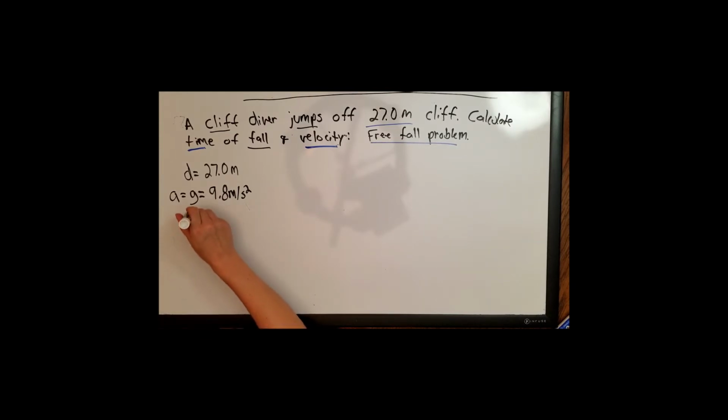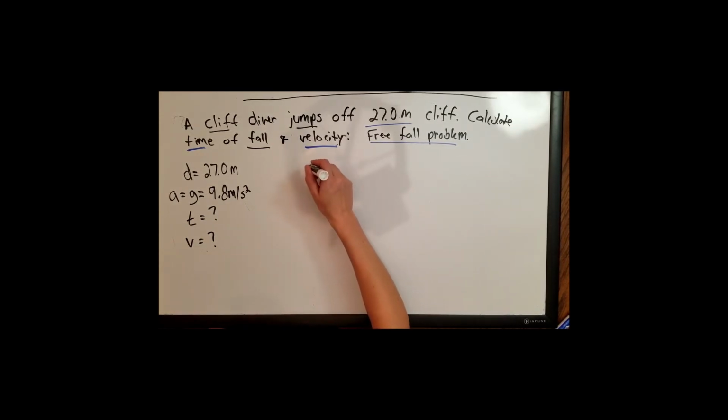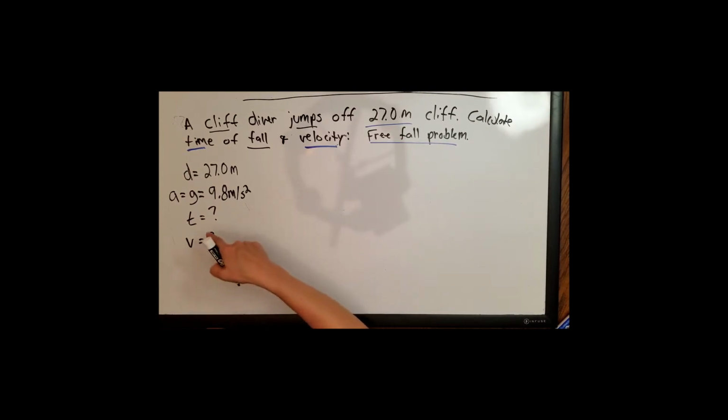Time is represented by the letter t. Velocity is represented by the letter v. Once you have your knowns and unknowns, make a list. Figure out your equations. If I want to figure out time, remember I'm using the zero initial velocity equations for free fall.